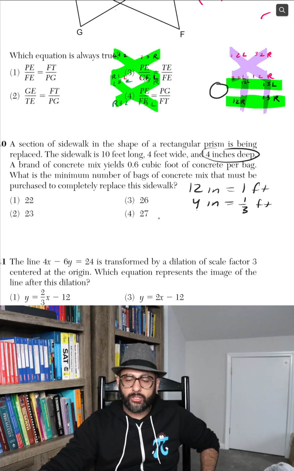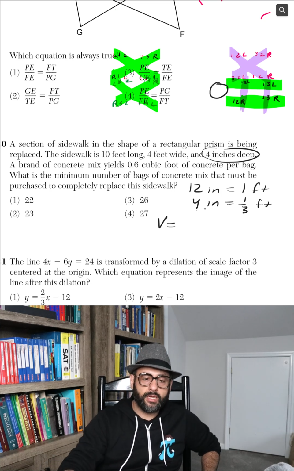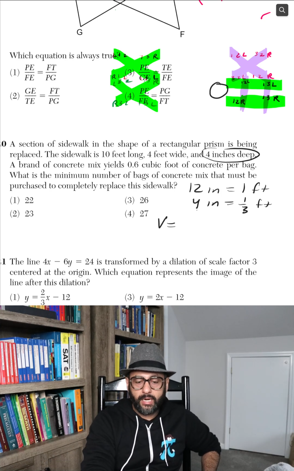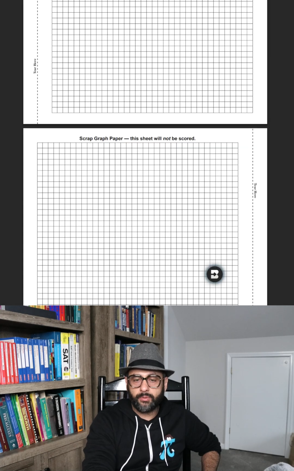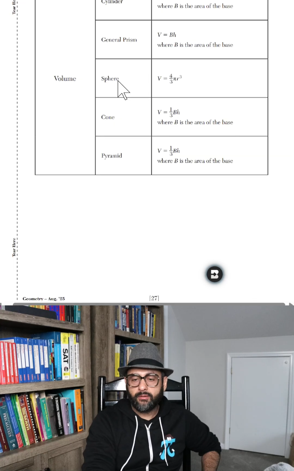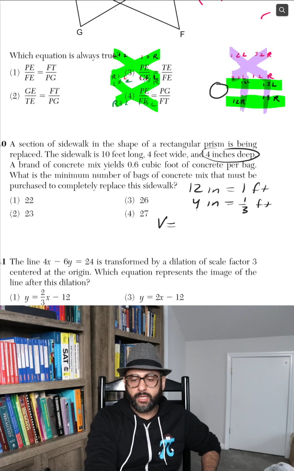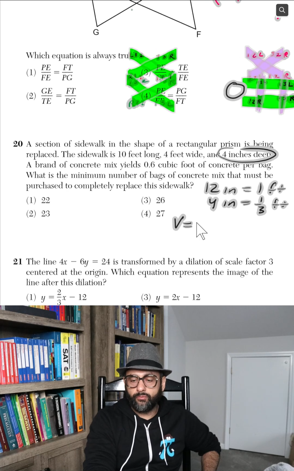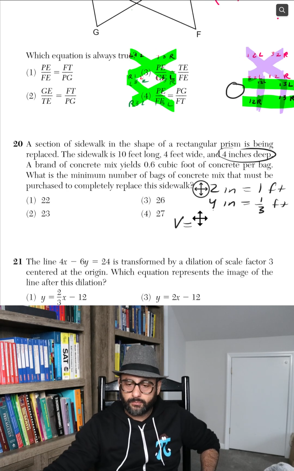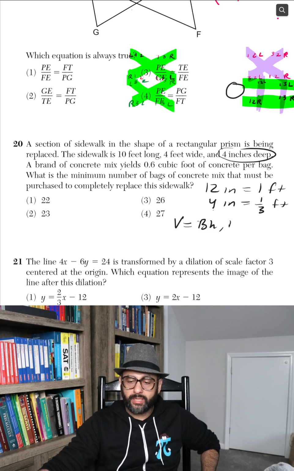So the volume is equal to, now the volume of a rectangular prism, I would hope that you know this by heart, but if you go to the formula sheet again, the volume of a general prism is volume equals base times height, where B is the area of the base.